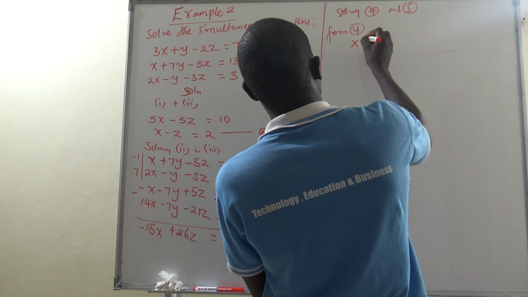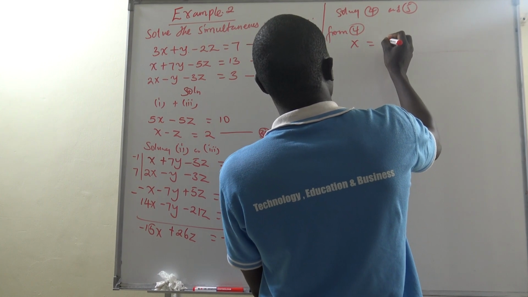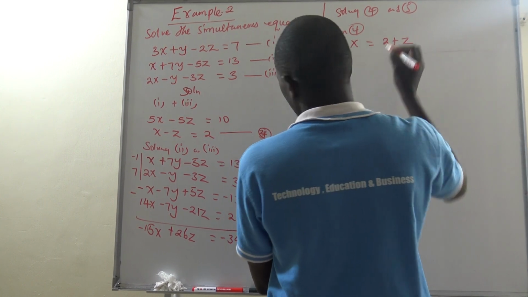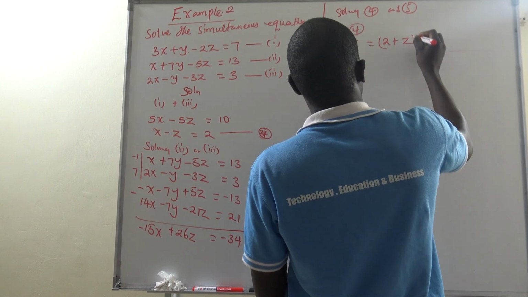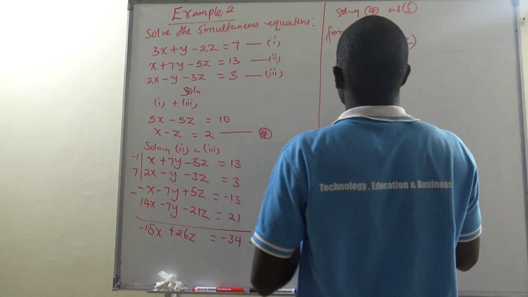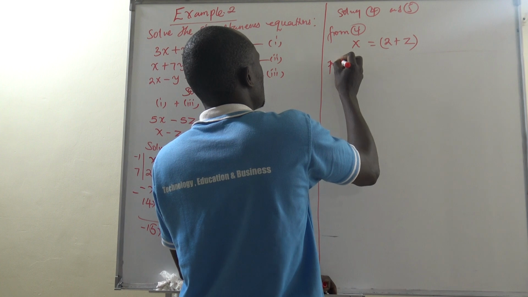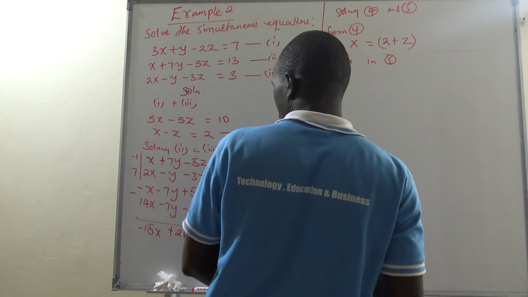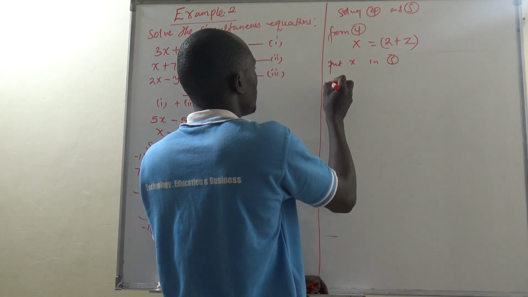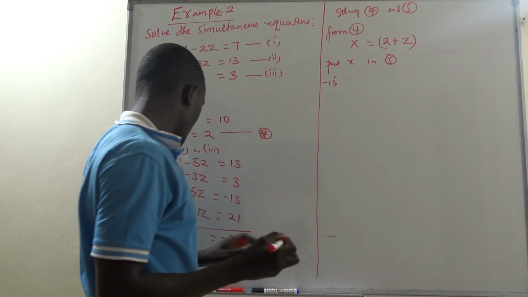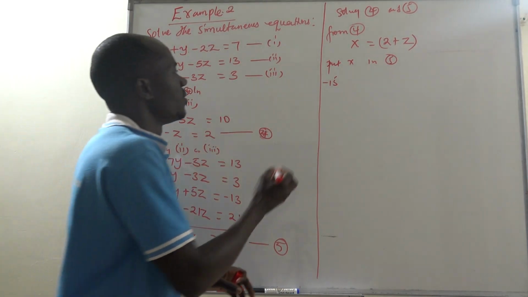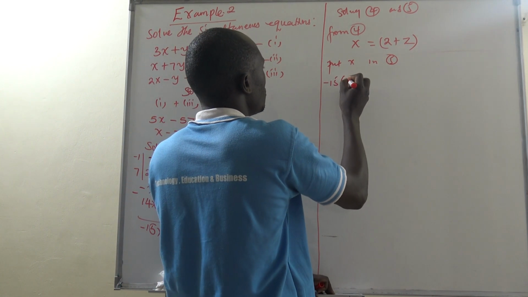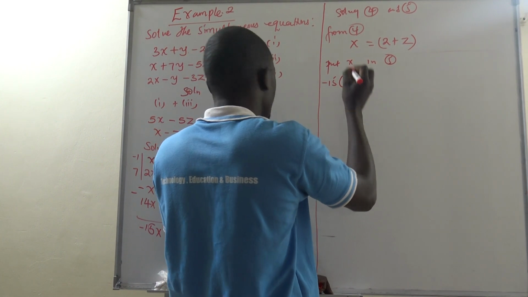From 4, x becomes 2 + z. So from there, we substitute it. You can say put x in 5. What is equation 5 saying? I've got -15, where there is x, you put that value: -15 into (2 + z).